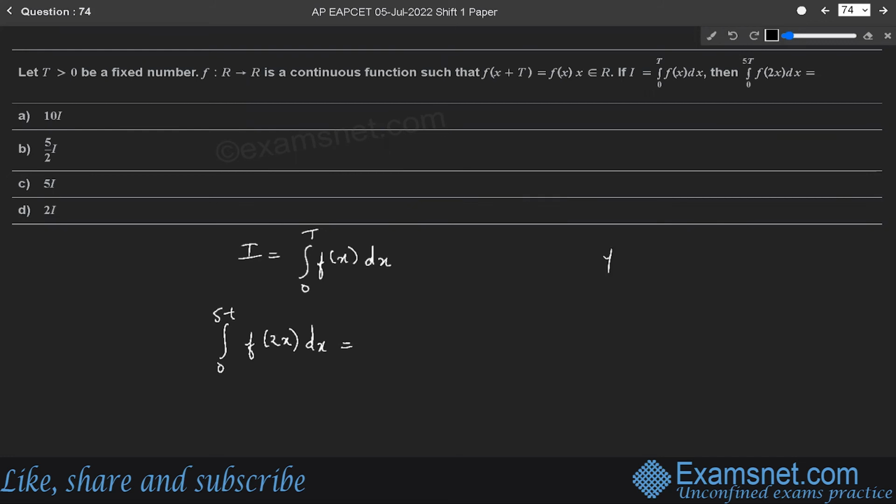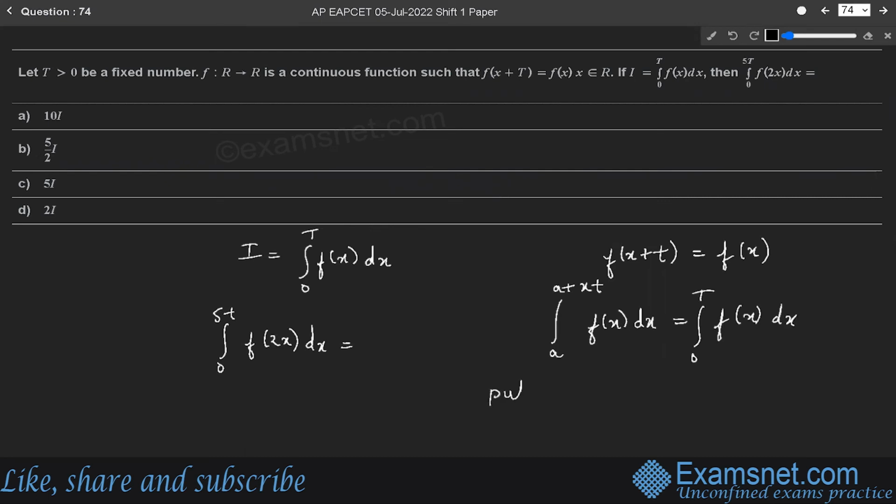We know that f of x plus t is equal to f of x. It is given. And we know that integral of a to a plus nt f of x dx is equal to n times integral of 0 to t f of x dx.